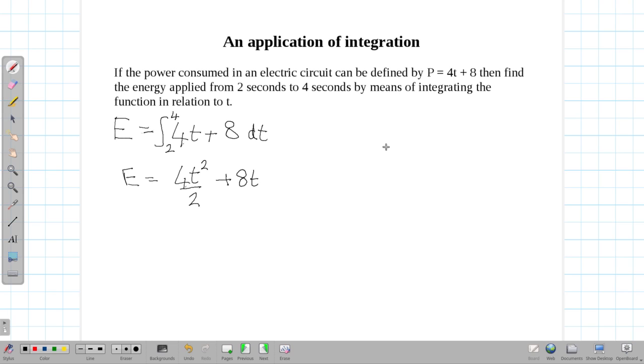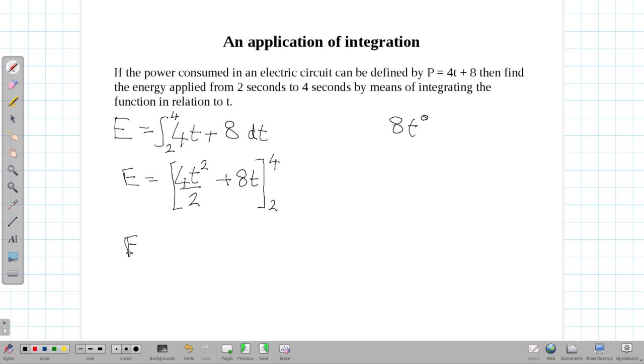Another way of looking at it is that we've got 8 times t to the 0, because t to the 0 is 1, of course. Raise this to 1, you get t to the 1, so there's your t, divide by 1, which obviously leaves it the same, so that leaves you with your 8t. Because we're doing definite integration, we don't need to put the constant c in, because it'll just cancel out, and our limits are from 2 to 4.